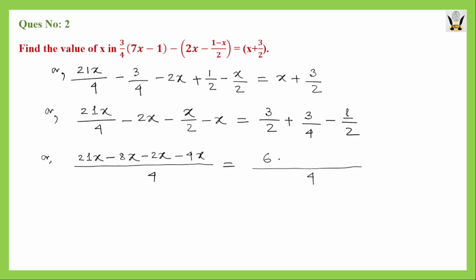So it will be 6 plus 3 and then minus 2. So this 4 and this 4 will cancel each other. On the left side 7x, and on the right side we will have 6 plus 3, 9 minus 2, 7. And finally the value of x will be 7 divided by 7. That means that value is 1.